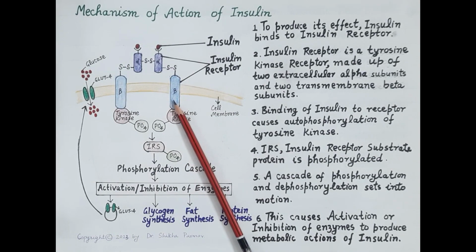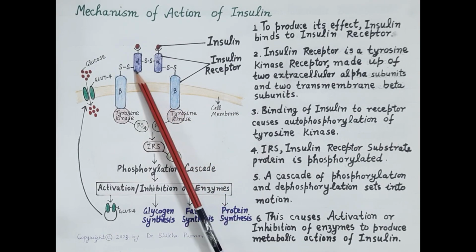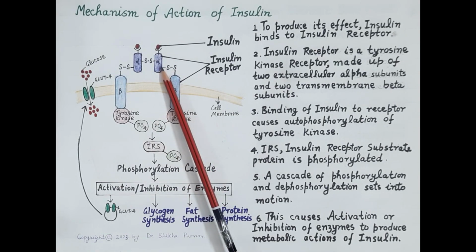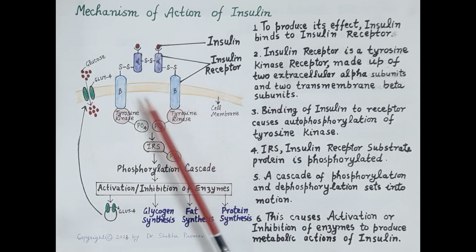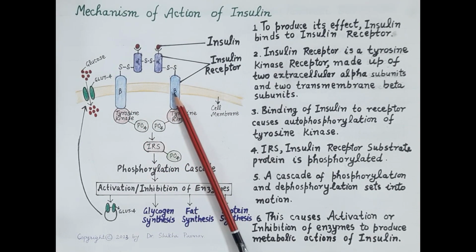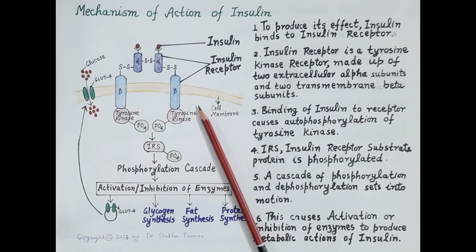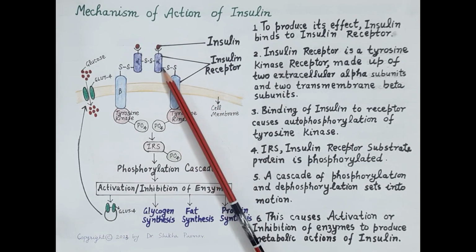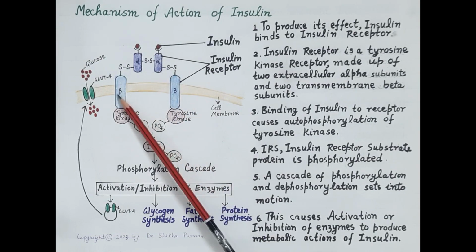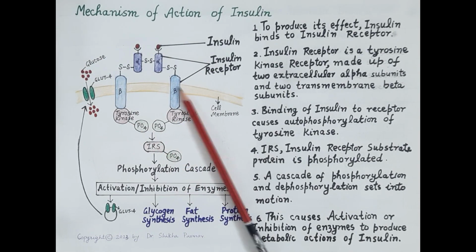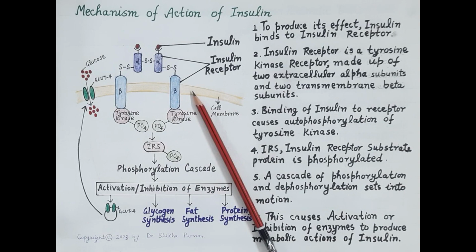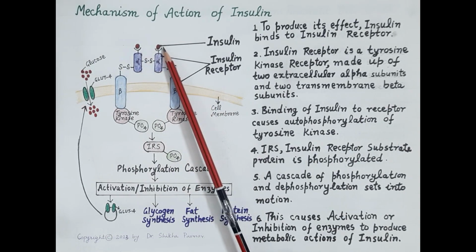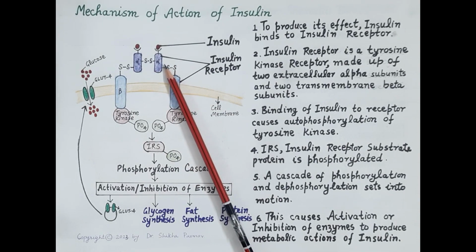So, the insulin receptor is a tyrosine kinase receptor, and it is made up of two extracellular alpha subunits and two transmembrane beta subunits. As shown in the figure, these alpha subunits lie entirely outside the cell membrane, while the two beta subunits pass through the cell membrane. Now, two insulin molecules bind to these two alpha subunits.